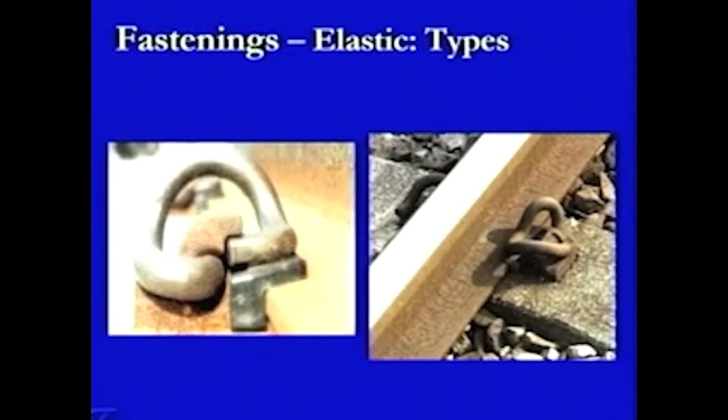Here you can see another photograph where the rail section is clearly shown. Here a sleeper is provided, and through this sleeper we have used this clip. This is the location at which it is putting the pressure, and the pressure is so heavy that the rail section cannot move from its location.